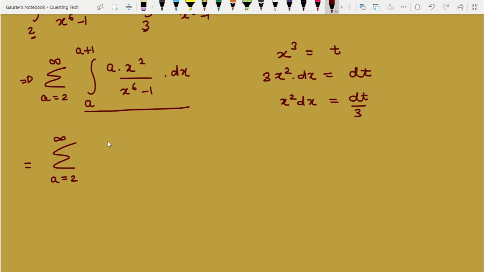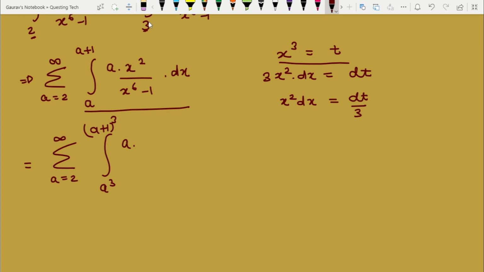Okay. So we have to substitute for t. When x is a, then t is a cube, and when x is a plus 1, t is a plus 1 cube. And this a here is a constant for a particular term.